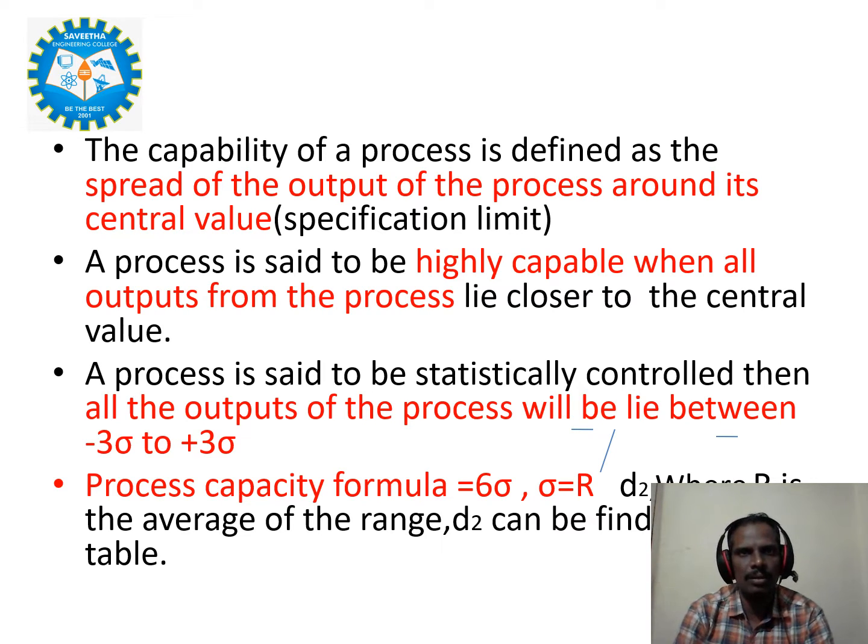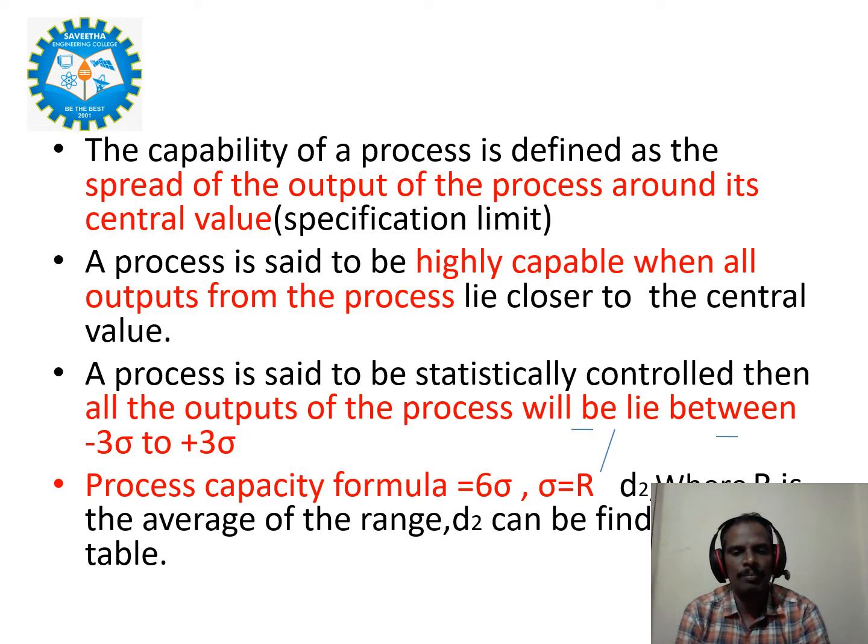The peaks vary between the center line and the upper or lower values. The process is said to be highly capable when all outputs from the process lie closer to the center line. When the process is statistically controlled, all the output lies between minus 3 sigma and plus 3 sigma, in the interval of minus 3 to plus 3.